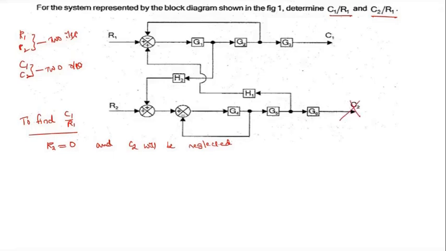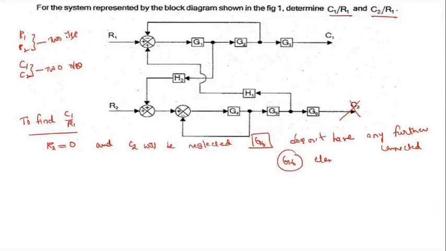If it is not there, this G6 doesn't have any further connection, so G6 will be eliminated.